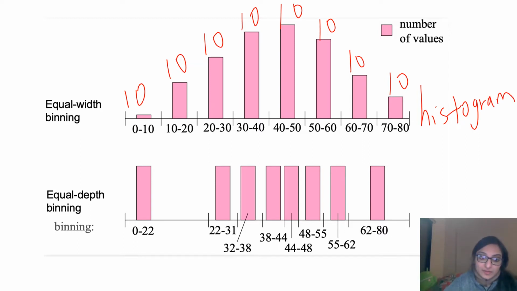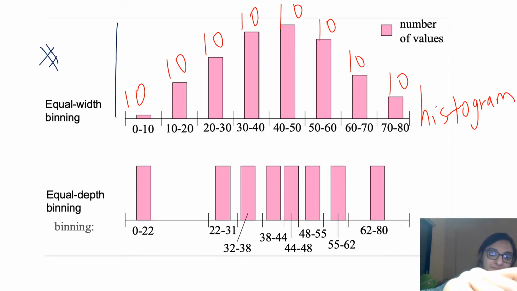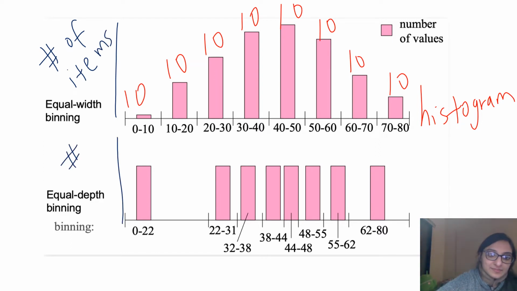But for equal depth binning, what you will observe here is that they may not have the same width, and going across the y-axis is the number of items inside those bins. So for equal width binning, the bins may not always have the same number of items.